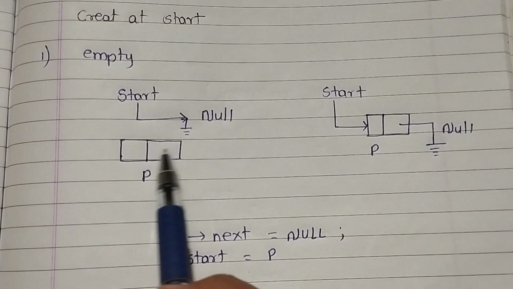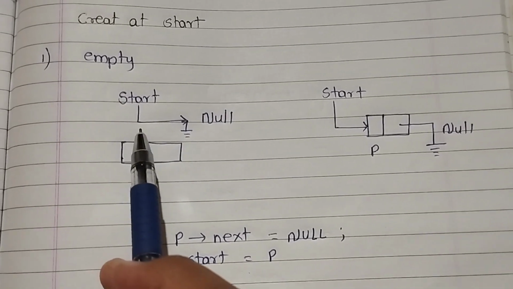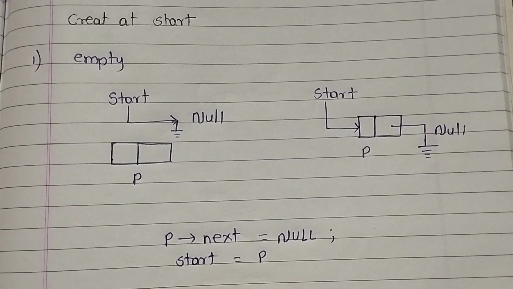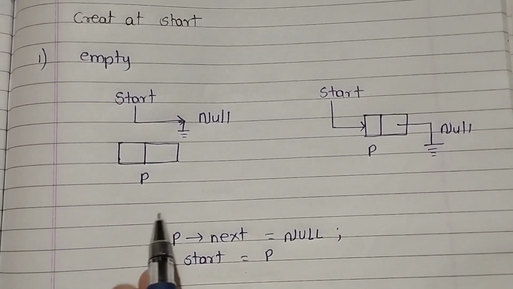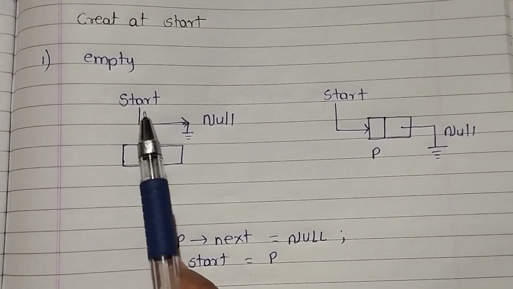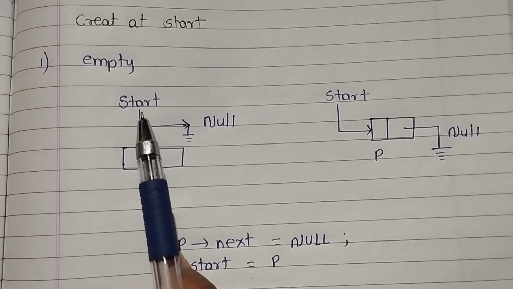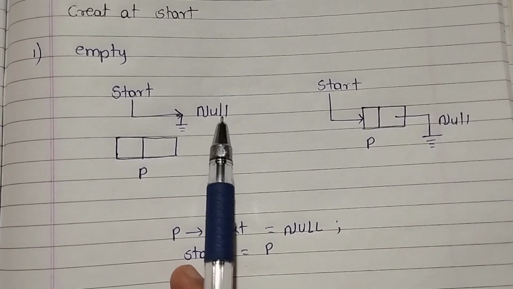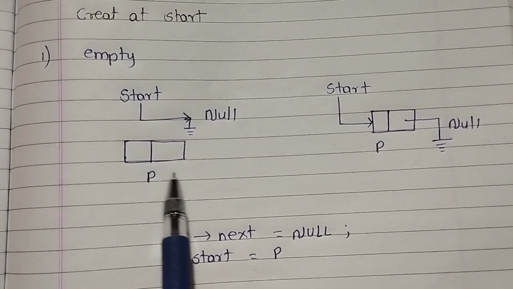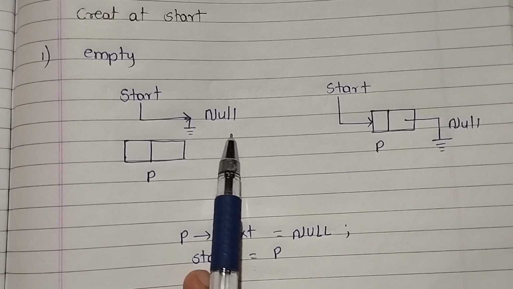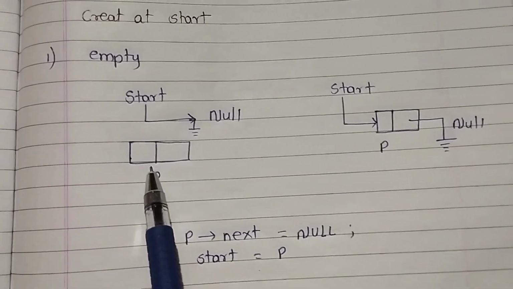At that time we want to create p at the start node. For that purpose we want to bring p between the start and null. So our requirement is that p's next is null and then start holds p.